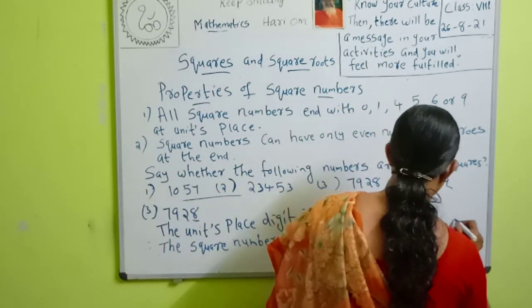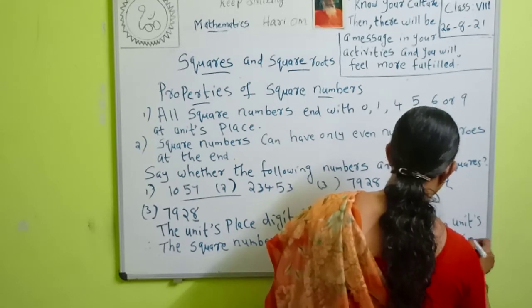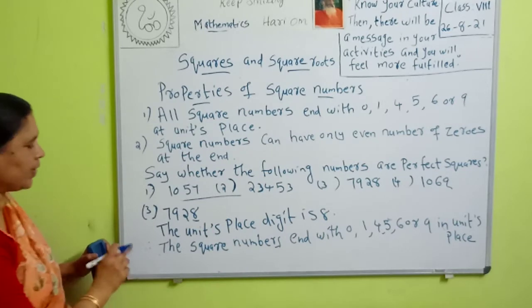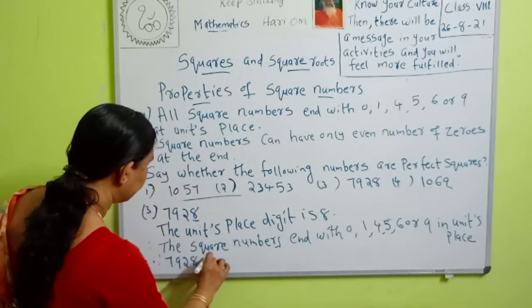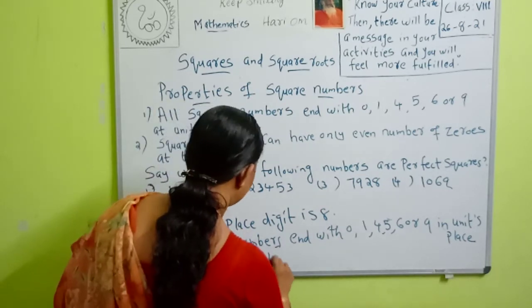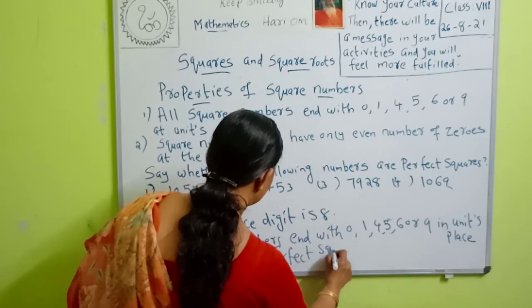Therefore what we can say, this 7,928 is not a perfect square.